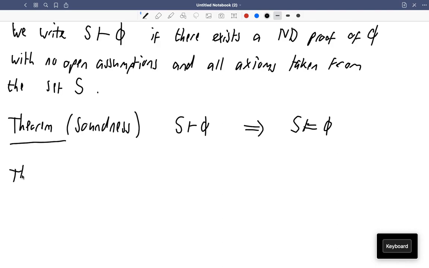And in the converse direction, we have completeness, but this is called Gödel's completeness theorem, after the very famous Kurt Gödel, who proved this theorem.